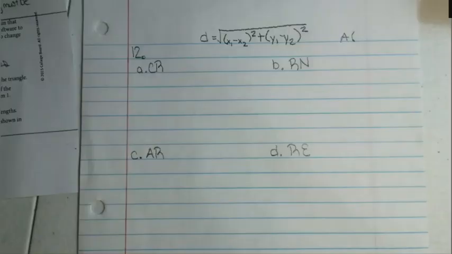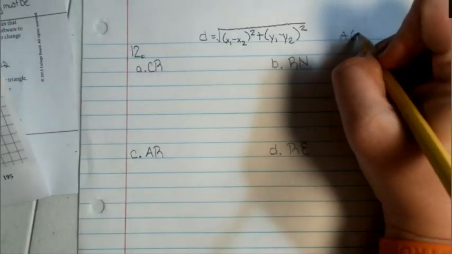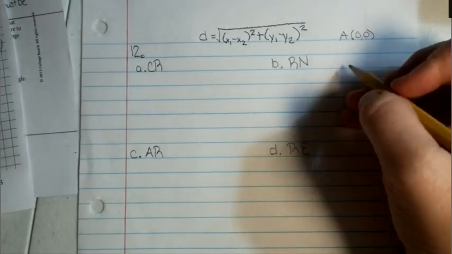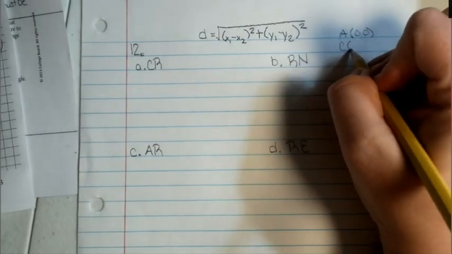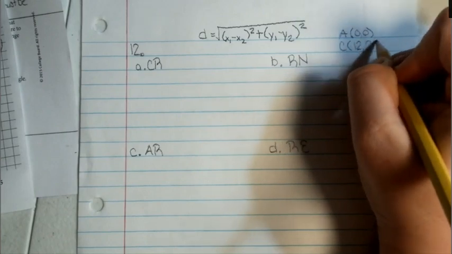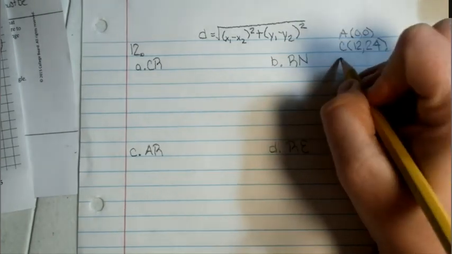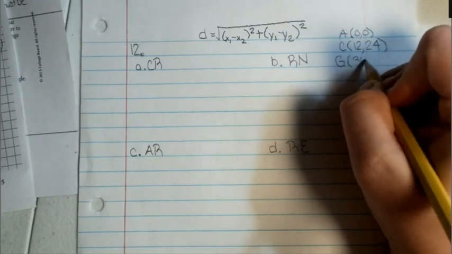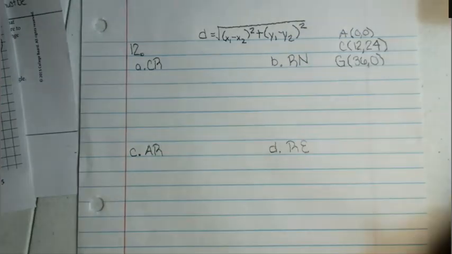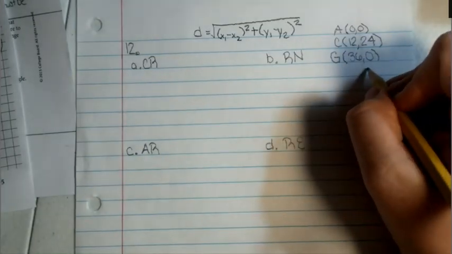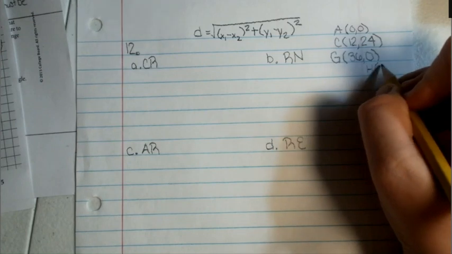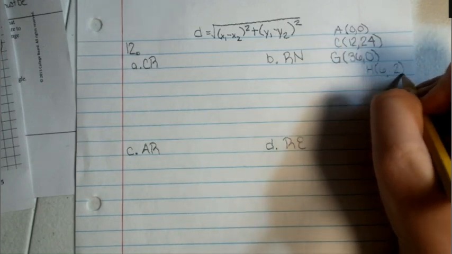A is located at 0, 0. C is located at 12, 24. G is located at 36, 0. Then we have H is located at 6, 12.